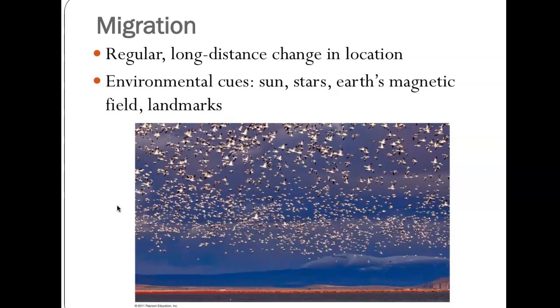All right, another example of something that's innate, and this is a really good one, is something birds are born with an innate desire to do, but it also is a learned behavior, and I'll talk about that in a minute when we talk about cranes. So migration is an innate behavior that also has a learning component, where birds are going to change their location based on environmental cues like the sun, stars, magnetic field, and landmarks.